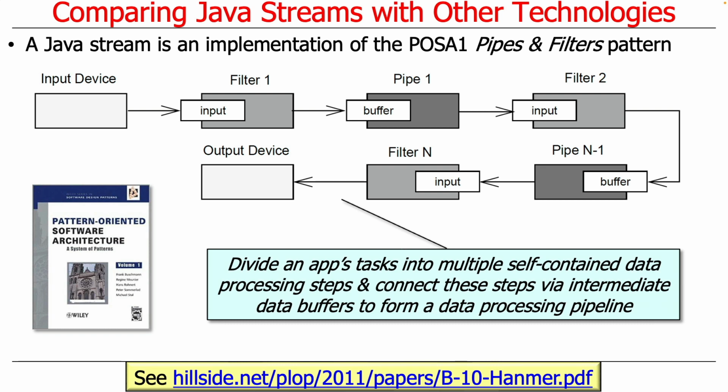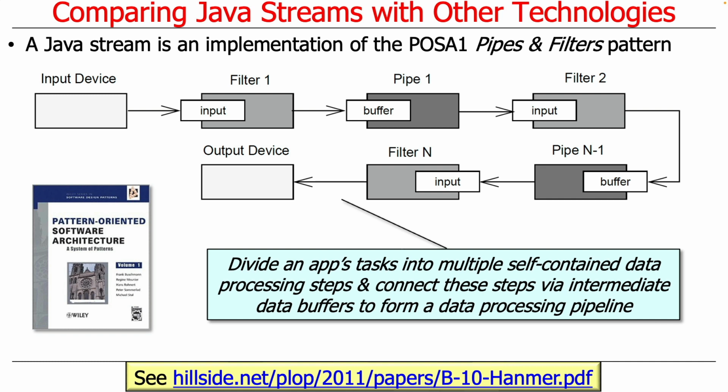The pipes and filters pattern has been around forever, but it was documented as a pattern in the book Pattern-Oriented Software Architecture, a System of Patterns, which is volume 1 of a 5-volume set of books on patterns. I was a co-author on 3 of those books, but not this one.